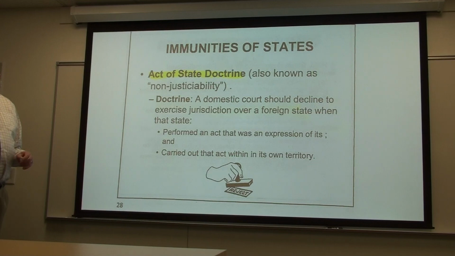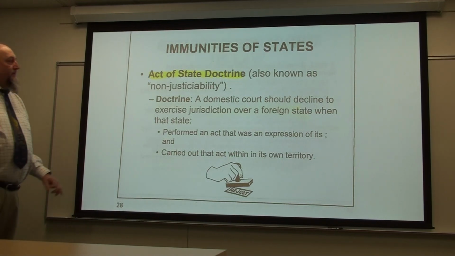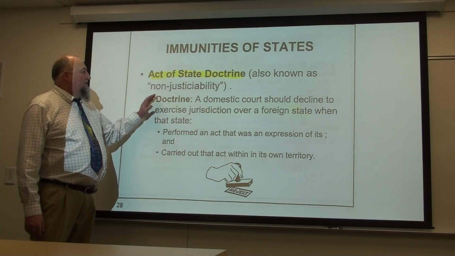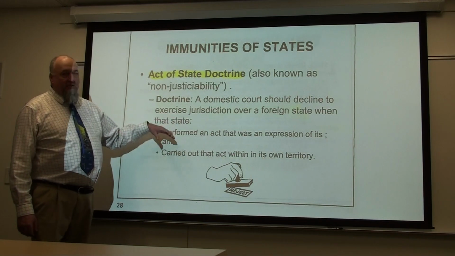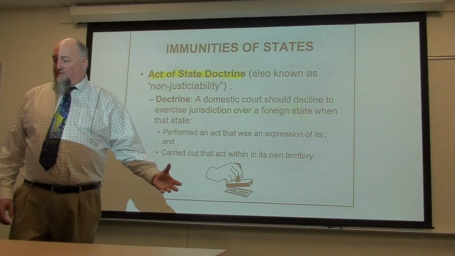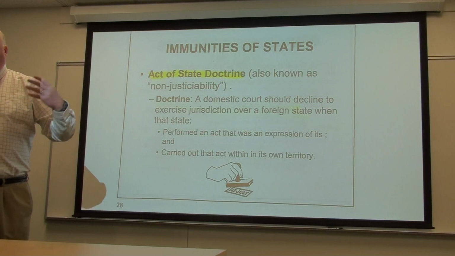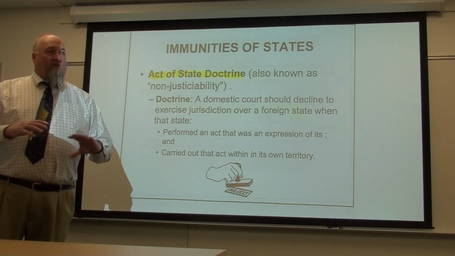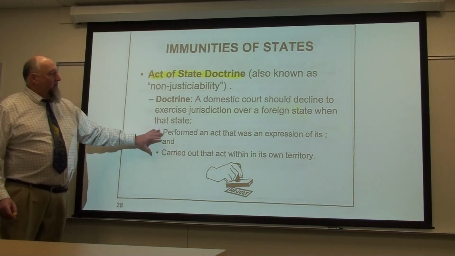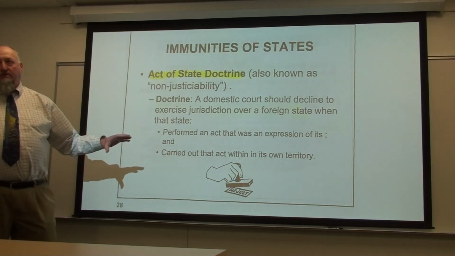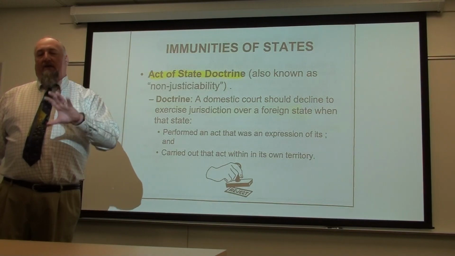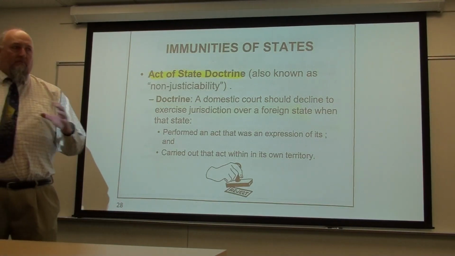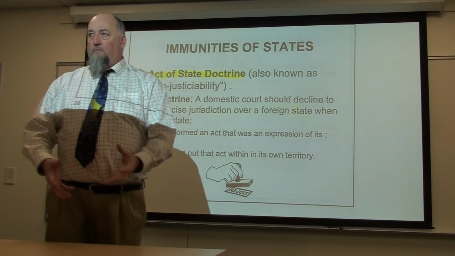And this is the idea that a domestic court should decline to exercise jurisdiction over a foreign state when the case involves an action that is the type of action that is a governmental action. So this is the idea that a judge, we're talking about if a foreign state is sued in a U.S. court.